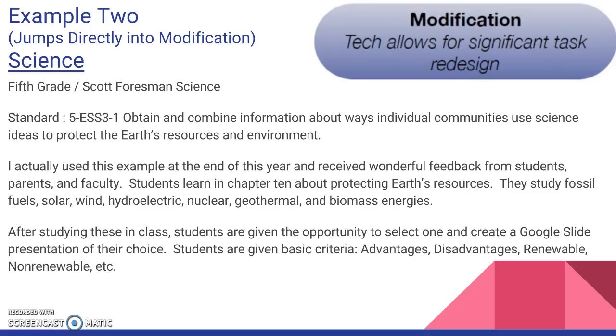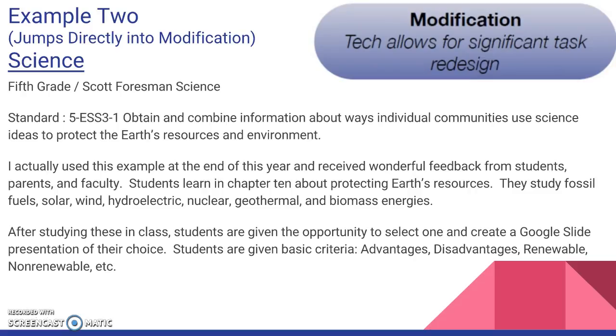The lesson that I taught students learn in Chapter 10, how to protect Earth's resources. They study fossil fuels, solar, wind, hydroelectric, nuclear, geothermal, and biomass energies. And then after studying these in class, I give them the opportunity to select one and create a Google Slides presentation of their choice with very basic, very general criteria.